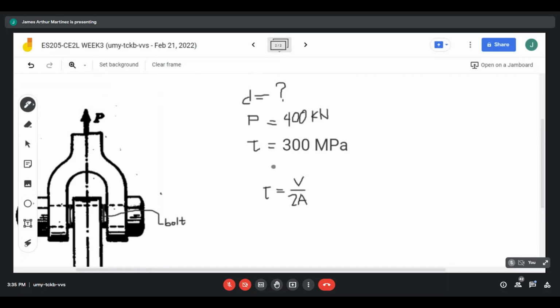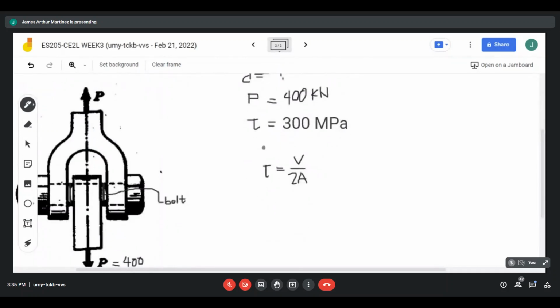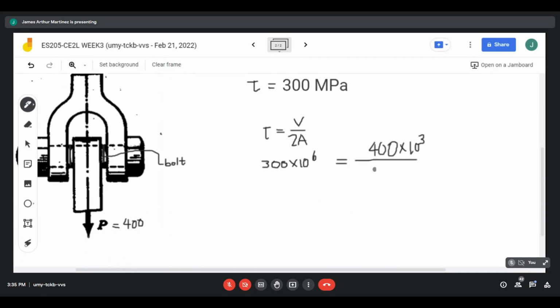So by substituting the values to the formula, you have tau or shear stress equal to 300 MPa. So 300 times 10 to the power of 6 is now equal to 400 times 10 to the power of 3. So in terms of Newton, ang ako ang unit of force, over 2A.